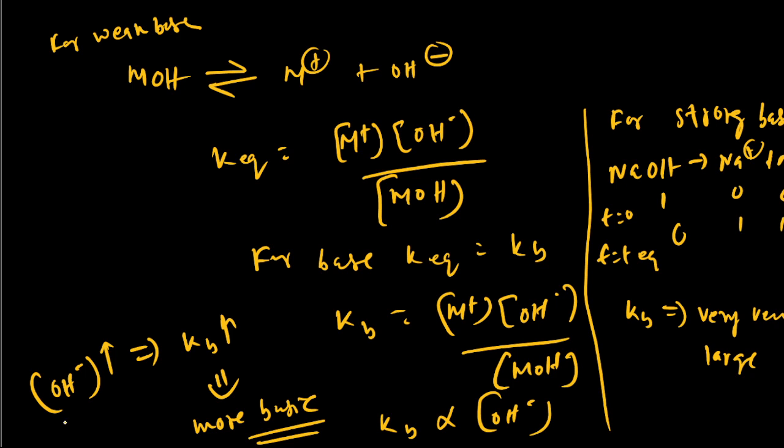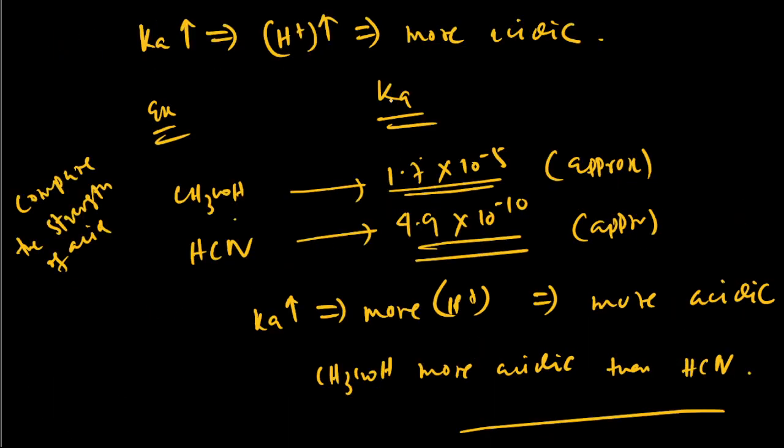Similarly, if the OH concentration is more, then Kb is more, and if Kb is more, then it is more basic. If Kb values are given and we are asked to compare the basic strength, we can compare the same way as for acidity. More Ka value means more acidic, meaning more H plus.